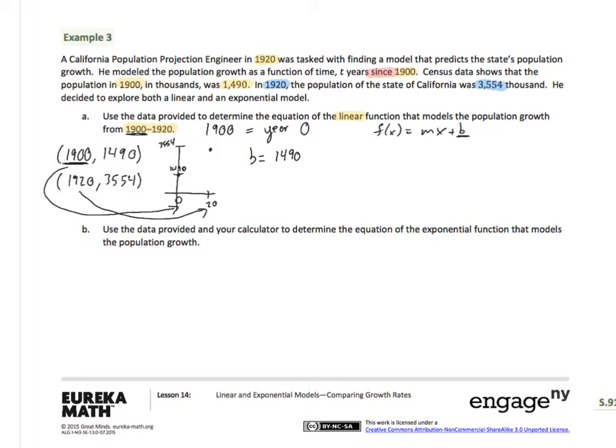Okay. So if b equals 1490, I have y equals mx plus 1490. And I want to figure out this m right here. Well, to figure out m, I need to find the slope, which m is. I can do that easily.